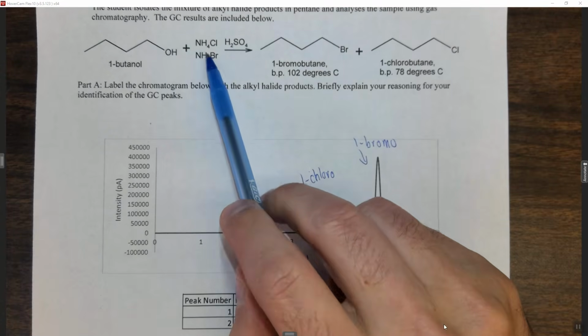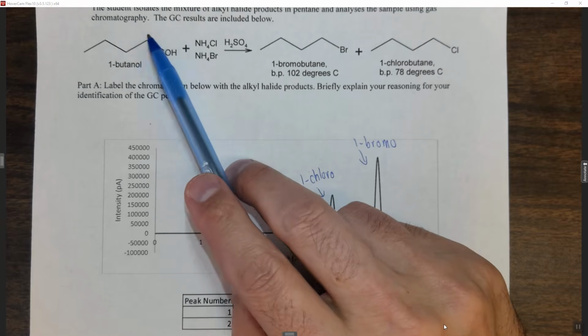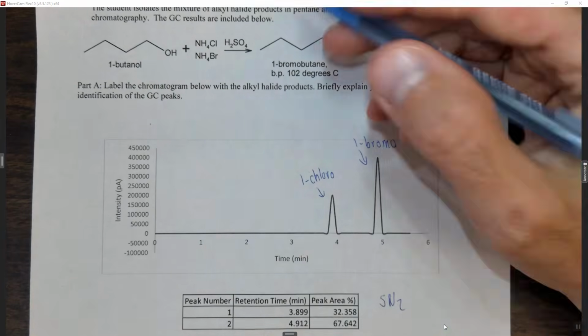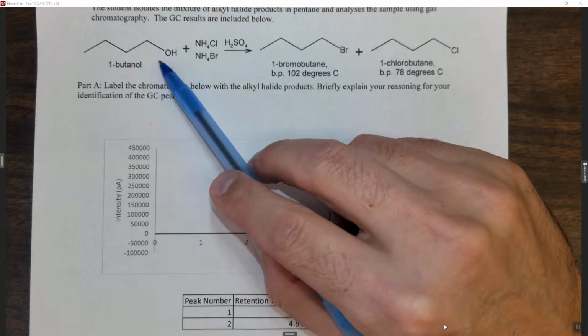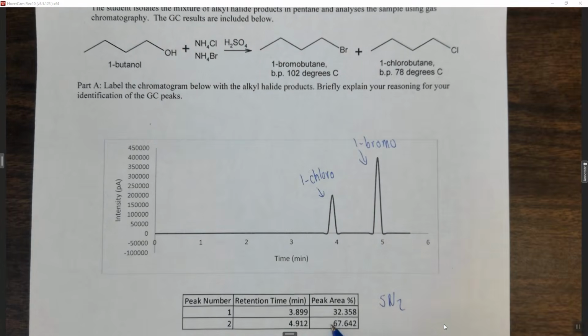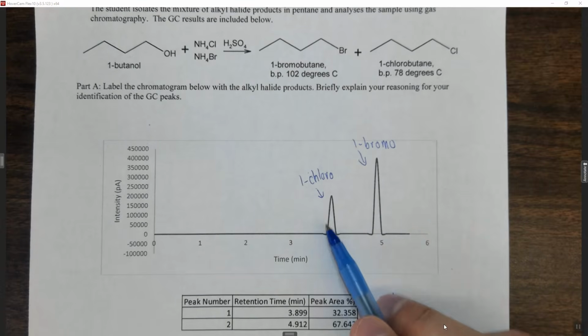Starting with the protonation of this, the nucleophile is going to come in, and you're going to end up with the transition state where the water is leaving and the nucleophile is coming in. Bromine is a better nucleophile than chlorine, so we end up with more bromine, a larger peak area percentage, and less chlorine, a smaller peak area percentage.